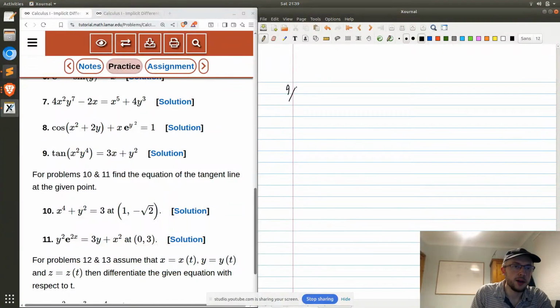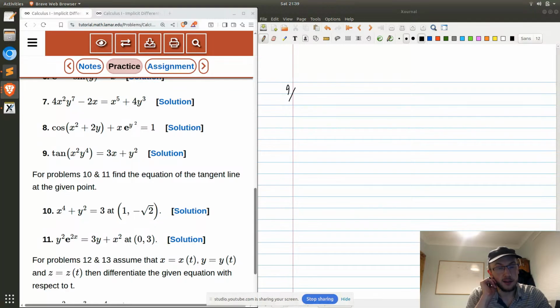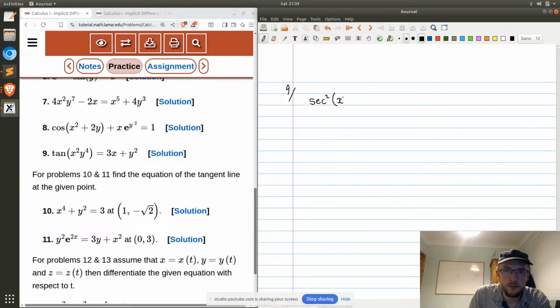Okay, problem 9. Tan of x squared y to the 4 equals 3x plus y squared. Okay, what's d by dx of tan x? It is sec squared x. So, chain rule. There. And then we go inside.